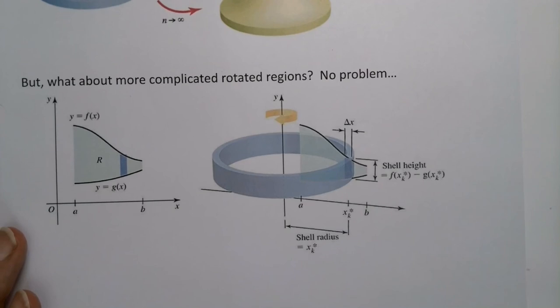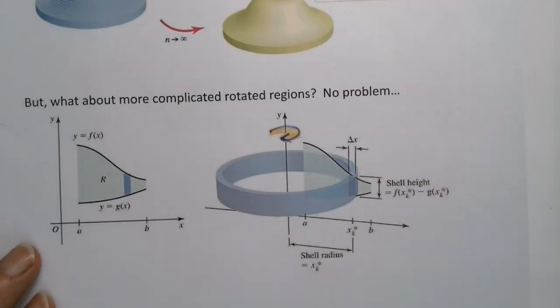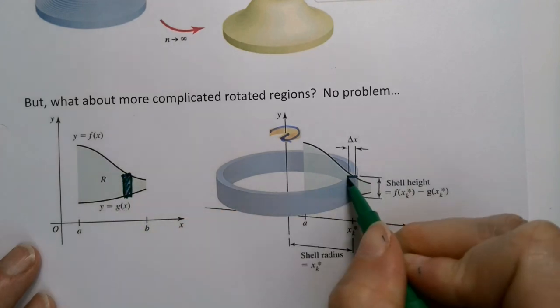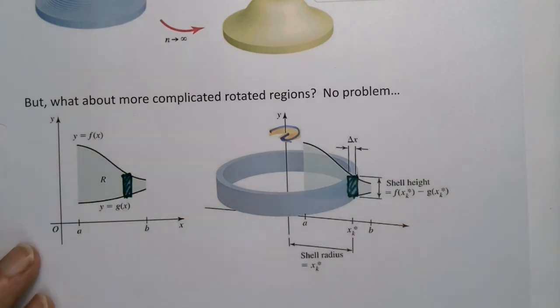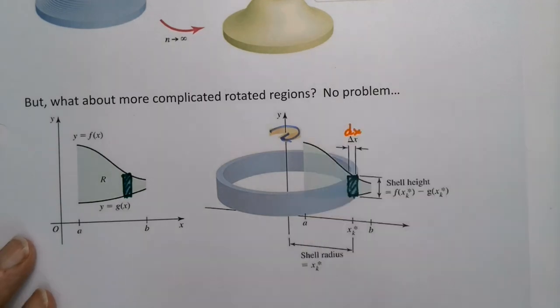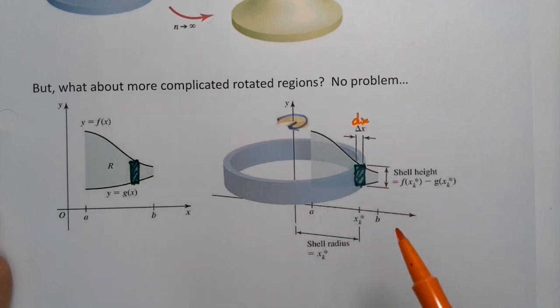So you still have your axis of rotation spinning around up here. You still have your rectangle right here, which is this same rectangle. It still has a thickness of dx, right? Delta x when it's finite, but dx when there's infinitely many shells.